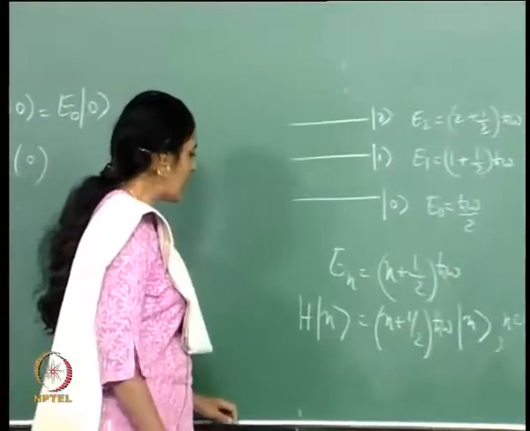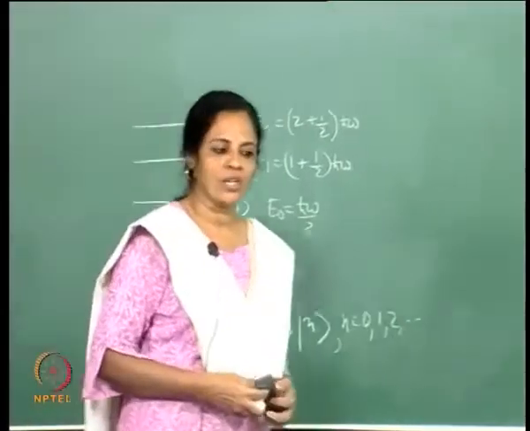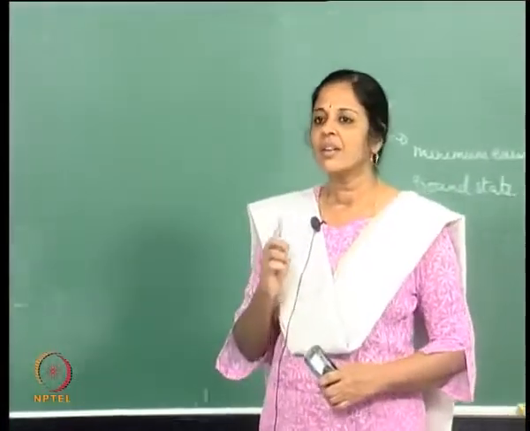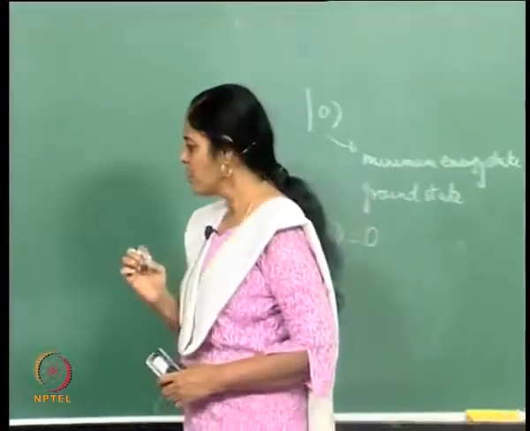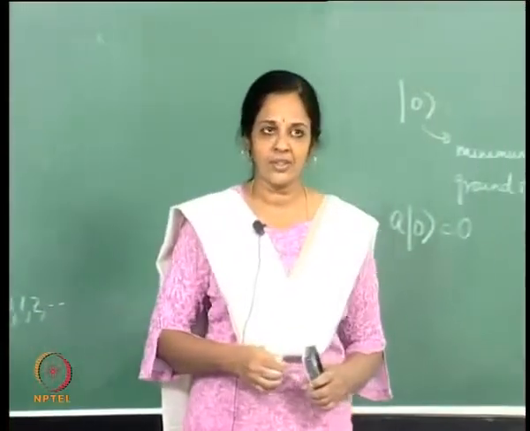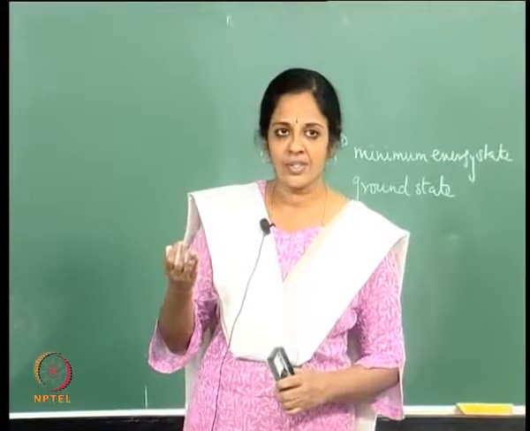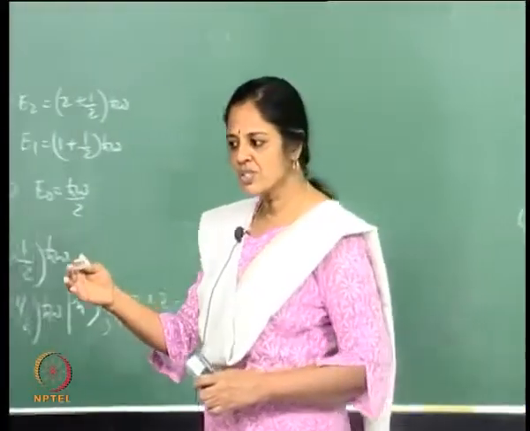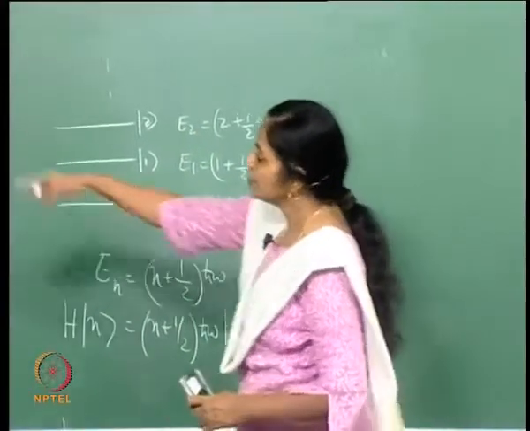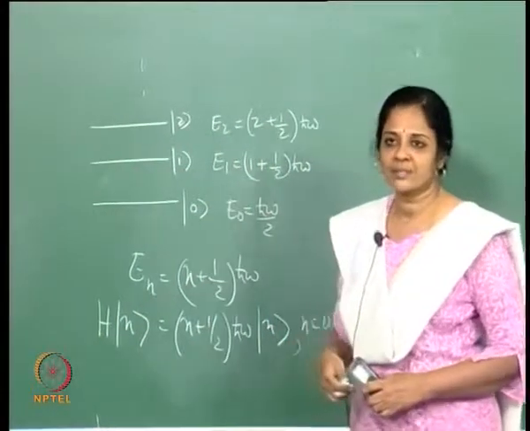So, this is the eigenvalue equation corresponding to the harmonic oscillator. Already we can see that in quantum mechanics a new feature has emerged. The lowest energy is not 0, the lowest energy is half ħω. Further, the energy is quantized. In contrast to the spin systems that we have seen till now, here is an infinite spectrum of states.